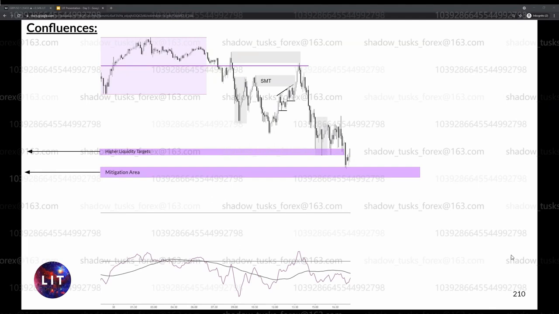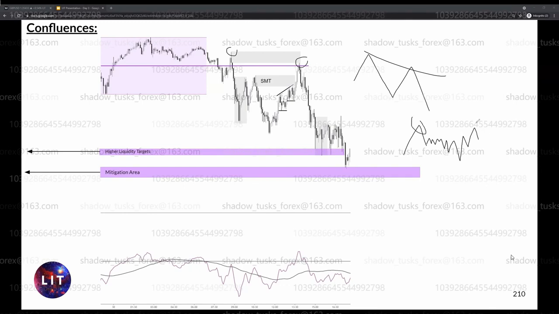The EDM in here? No, that's not an EDM. That's lower. We're talking about the mitigation zone above the SMT. Oh, this one in here. Yeah. Is that considered an EDM as well? Yeah, technically, yeah, but again, as we said, it's better if it's just 2 points and not something like this in here and then this, right?